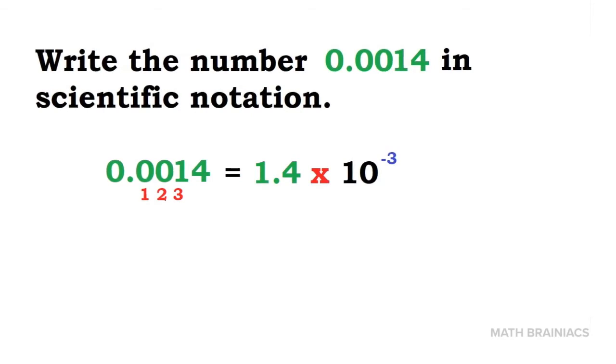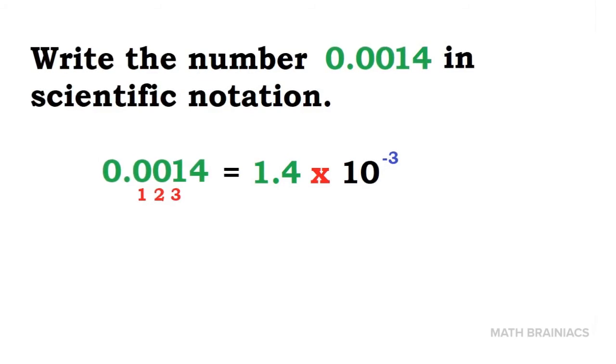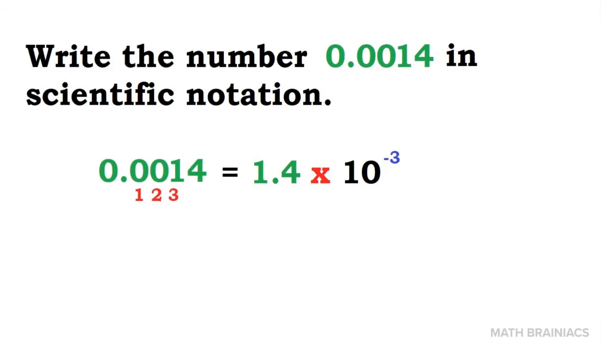In the event that our number has a decimal point and we are going to convert it into scientific notation, we are going to move the decimal point after the first real number. In this case, it is going to the right. Then, we are going to count how many moves we made. Accordingly, 0.0014 in scientific notation will give us 1.4 times 10 to the power of negative 3.